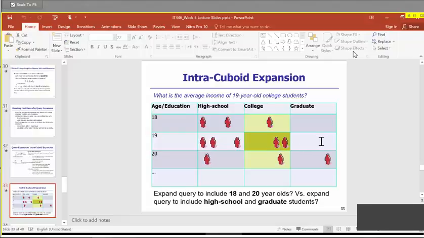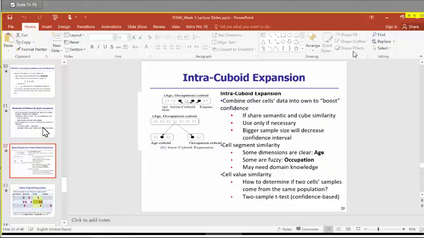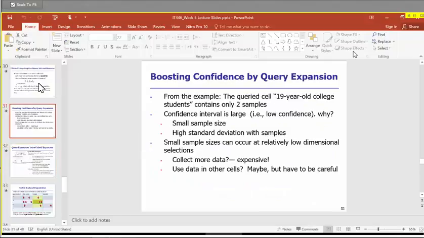we can also expand it horizontally. This could be another method, which means that we can include high school and graduate. But in this case, the data is very crisp.